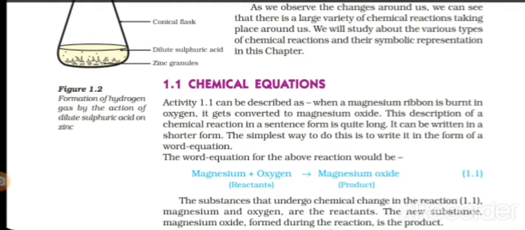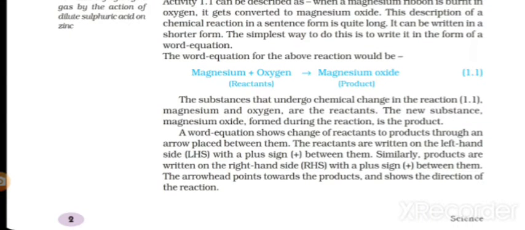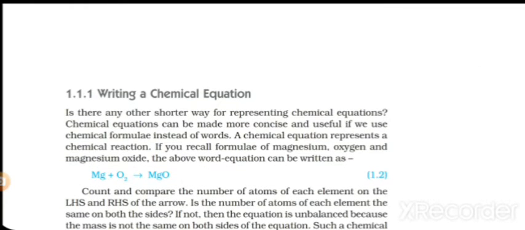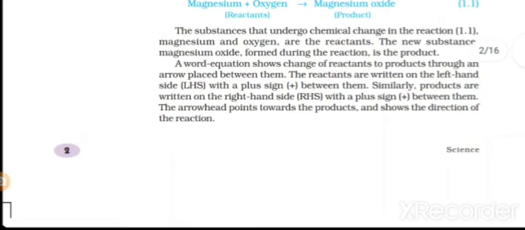Okay, so in this case we'll be writing down the reactants which react with each other and what products they form. We will have basic understanding of all this. Now we have mentioned here that magnesium plus oxygen will make magnesium oxide. But when we write down the equation, we have certain symbols which are recognized internationally by IUPAC, that is nothing but the internationally governing body for symbols in chemistry.